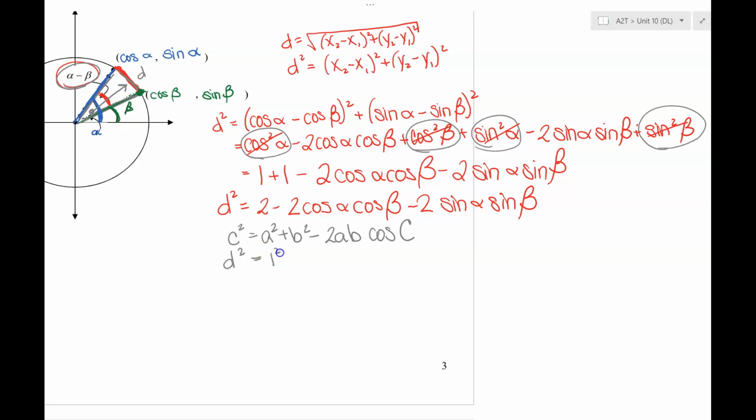Little a is 1. Little b is 1 because we're on the unit circle. Minus 2 times 1 times 1 times the cosine of alpha minus beta, because that's the angle. You with me still? I hope so. Okay, so then d squared is going to be equal to 2 minus 2 cosine of alpha minus beta. Okay, so different ways of finding the distance, but they're exactly the same.